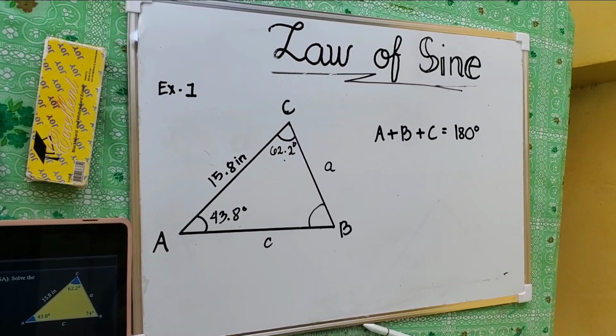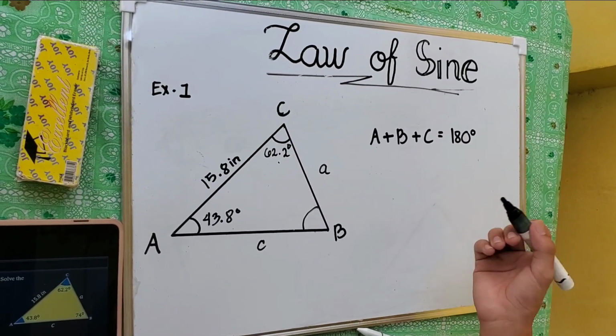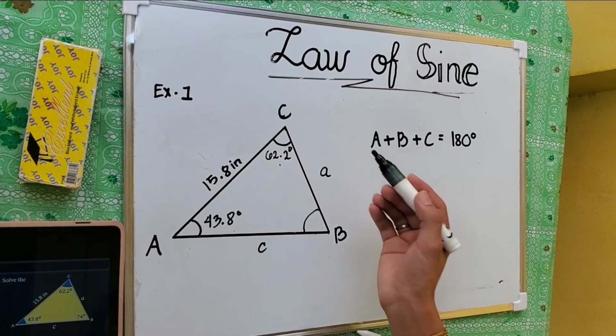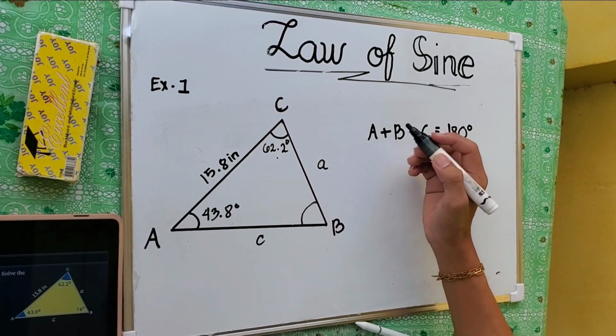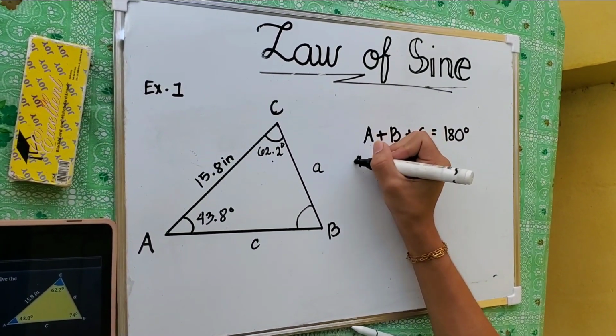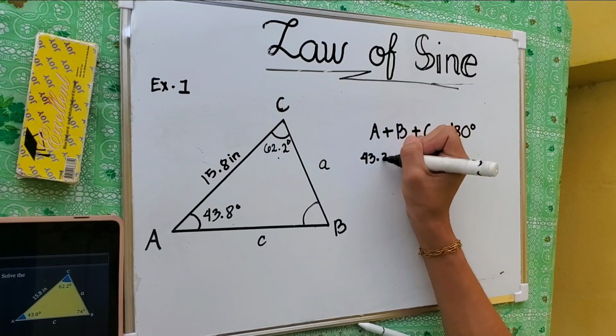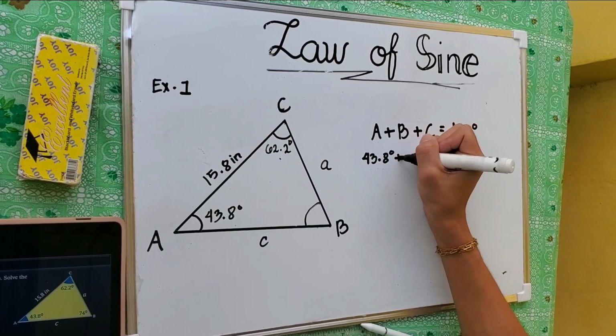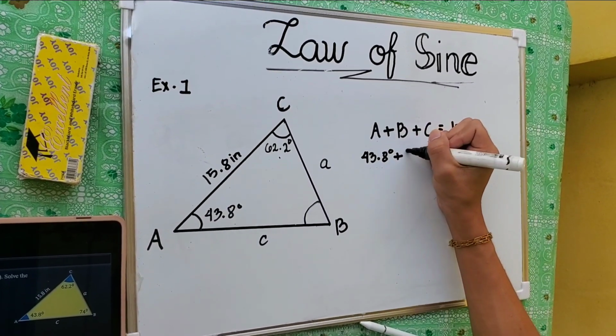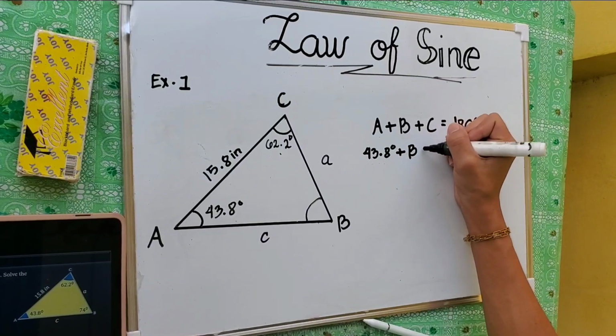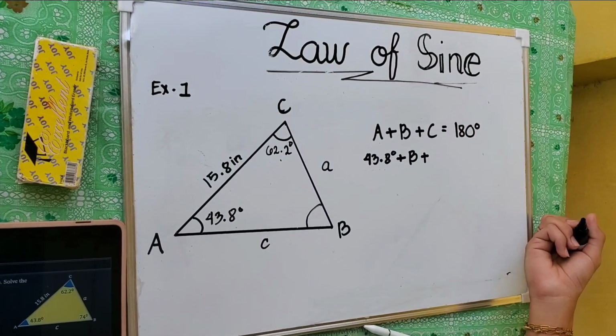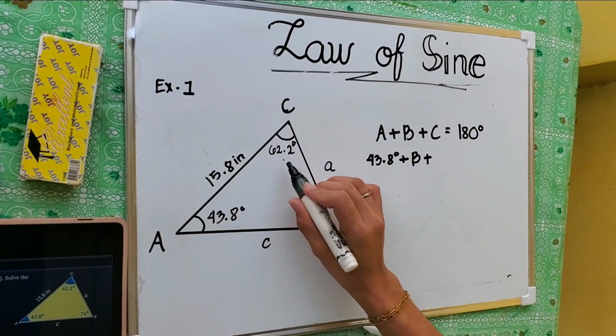The next step is to substitute all the given values in this triangle. First, the measure of angle A, which is 43.8 degrees, plus the measure of angle B, which is unknown, so we just copy the capital B, plus the measure of angle C, which is 62.2 degrees.